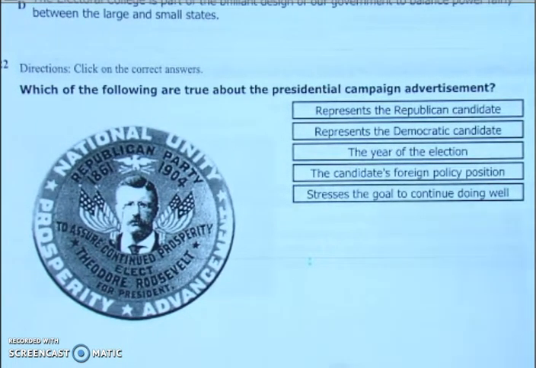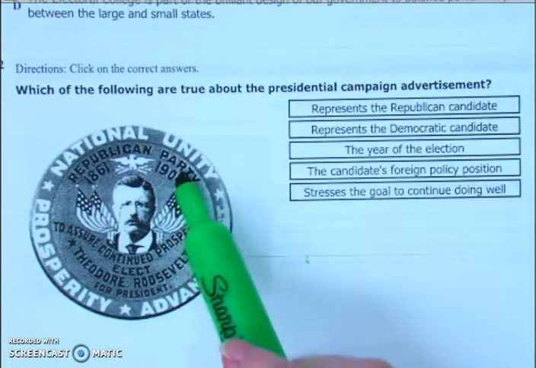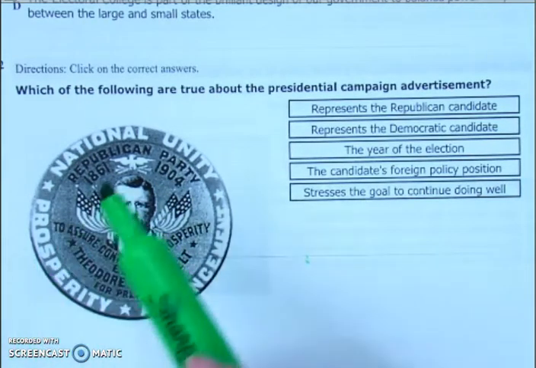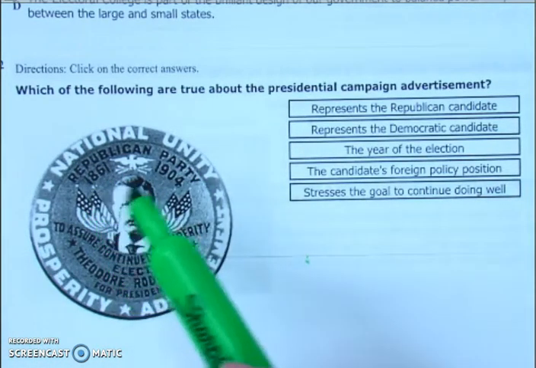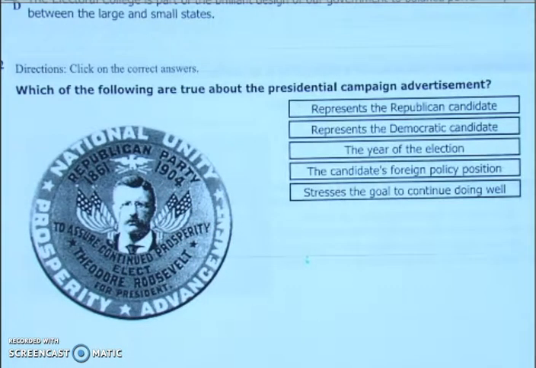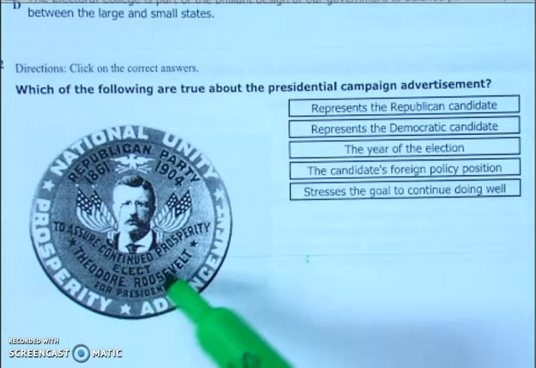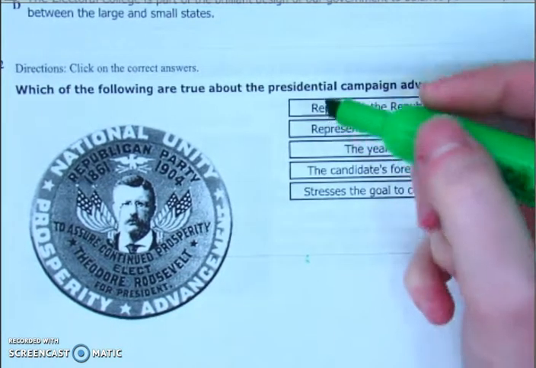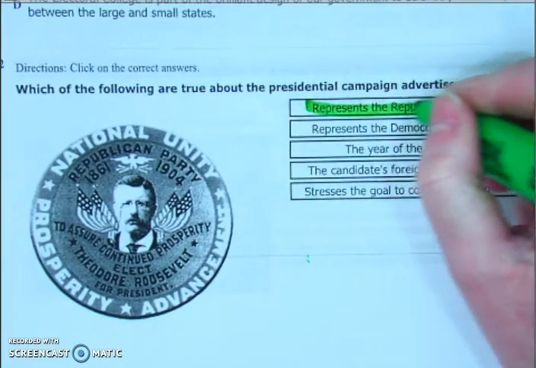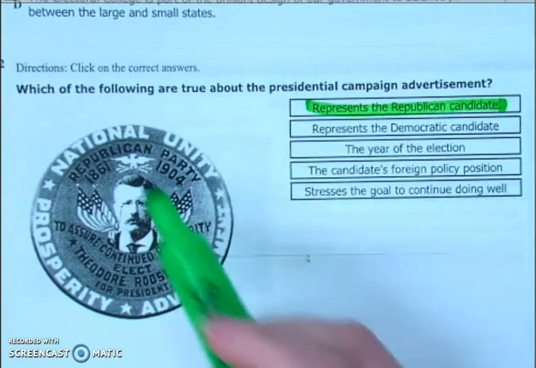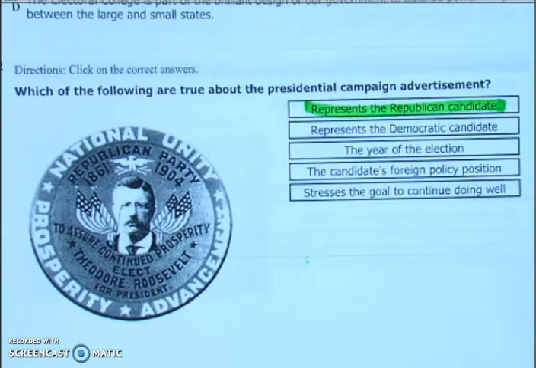So let's look at this. It tells us the political party. It tells us some years here, 1861 to 1904. It says to assure continued prosperity, elect Theodore Roosevelt for president. So one thing we know for sure is that it represents the Republican candidate because it's saying Republican Party.